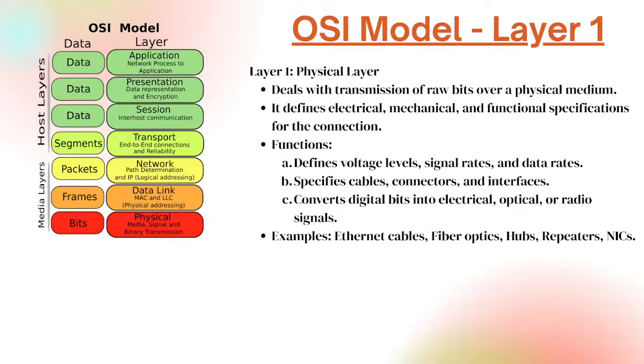Then data rate control: decide how fast the data should be sent. Then the physical topology is also one of the very important functions in this area. It defines how devices are connected.